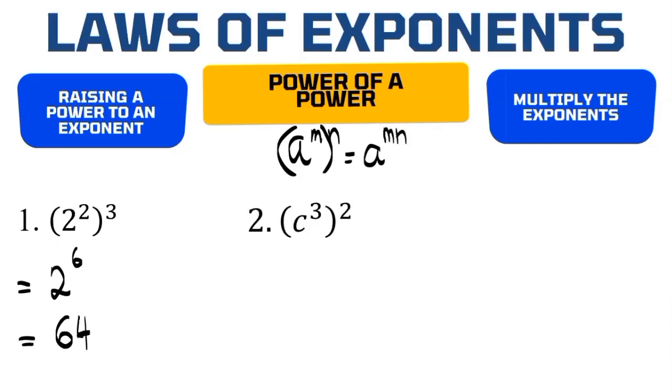Next, the quantity c cubed raised to 2, you'll have c raised to 6. And lastly, the quantity m squared raised to 4, and the answer is m raised to 8. That's the second law. Let's proceed to the third law.